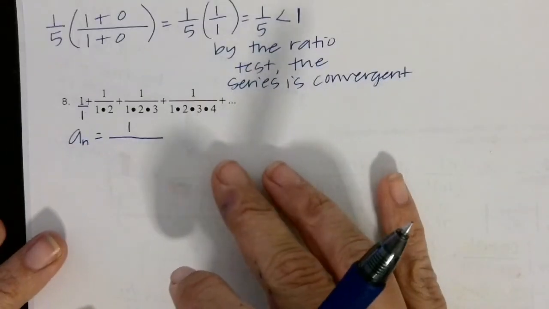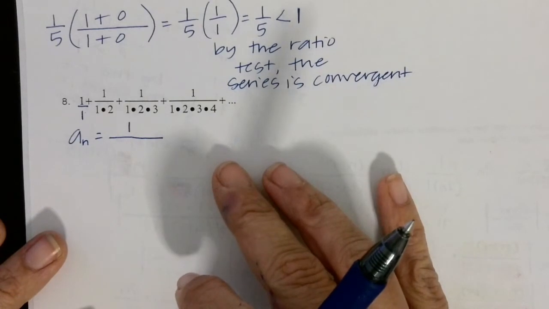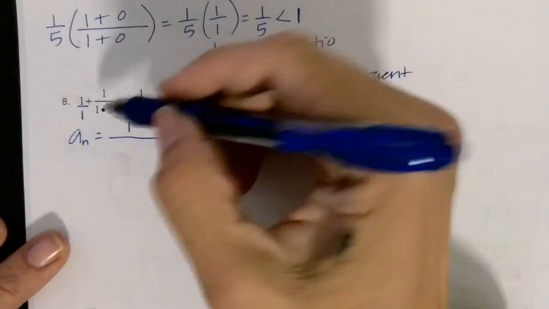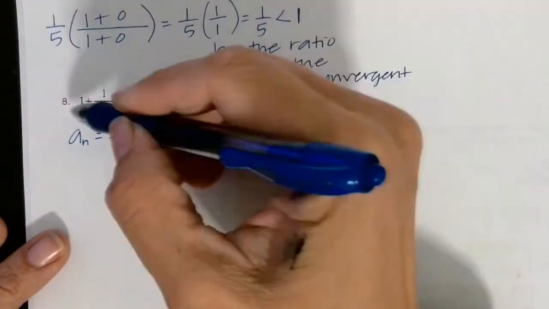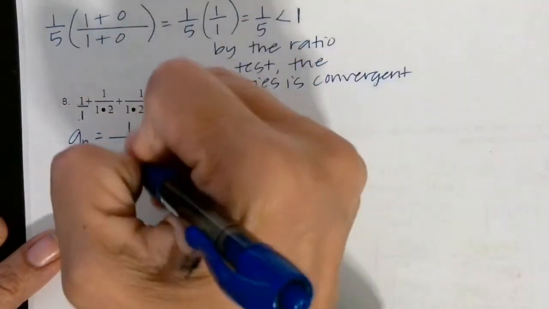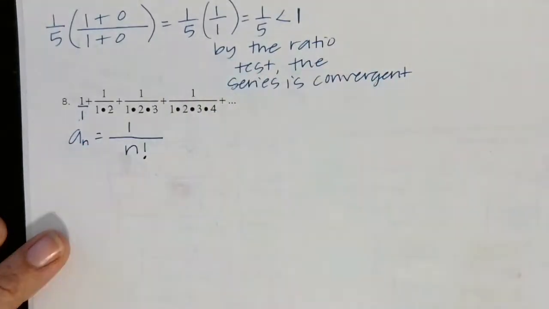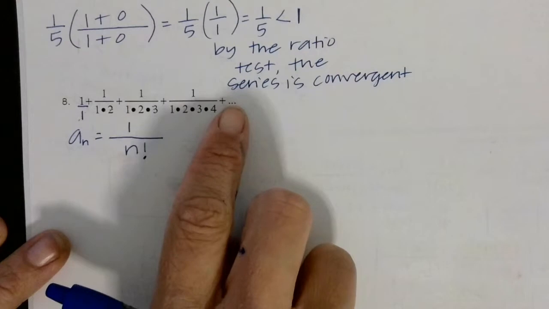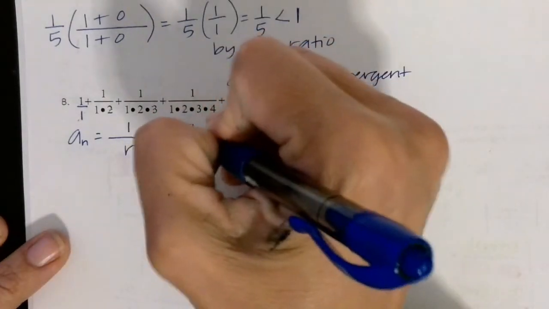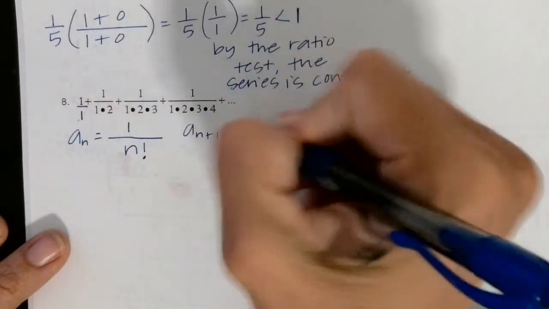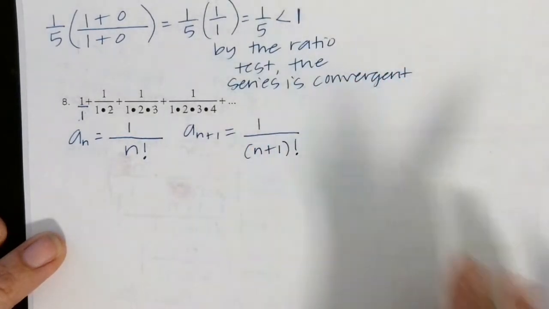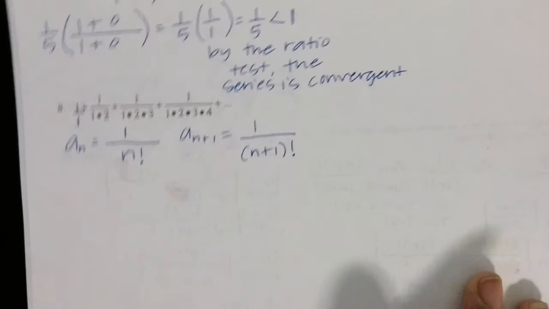So the way that it's going is, if you just go 1, 2, 3, 4, isn't this just n factorial? Right? Whenever you're doing factorials, I suggest you go by the last number. Okay? And then that would mean a sub n plus 1 is 1 over n plus 1 factorial. And then at this point, we are good to go.